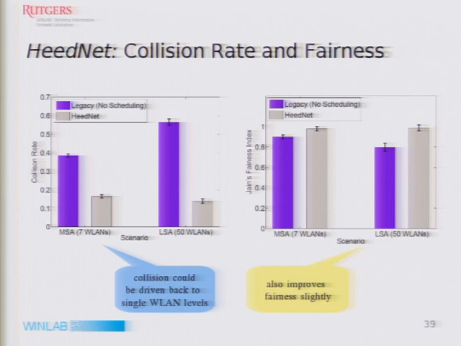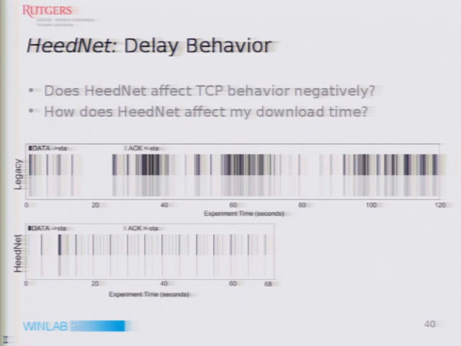So for example, in the large case, the baseline for single access point collision rate is around 10%, as we already discussed. So this is going down from all the way 60 to 10% by doing this. And there's also a slight fairness improvement that we discussed at the beginning.